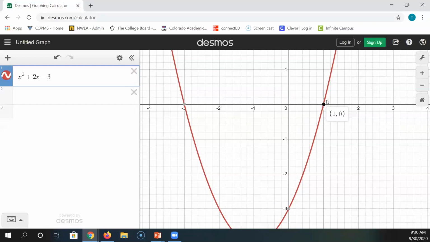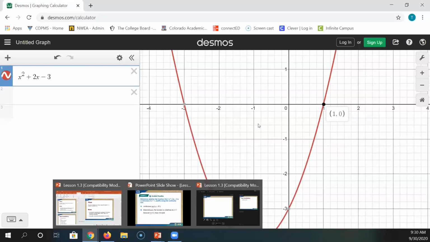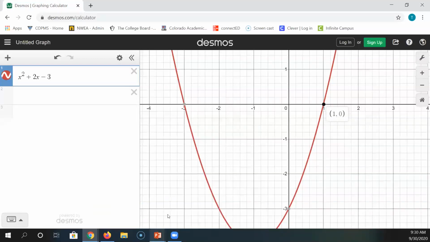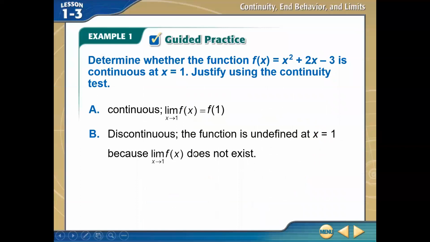So the limit of f of x as x approaches 1 does exist. That passes step 2. And step 3 is that the value of f of x, once I plug in 1, is equivalent to what the limit approaches, which is true in this statement. So we could say that it is continuous.